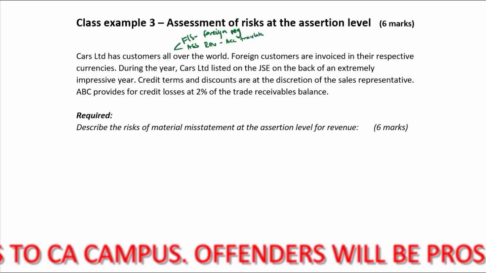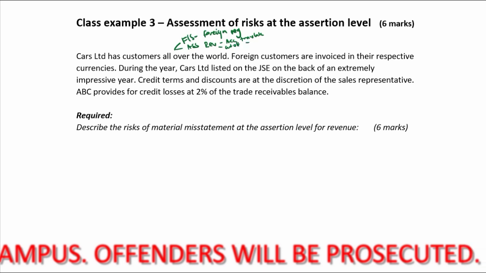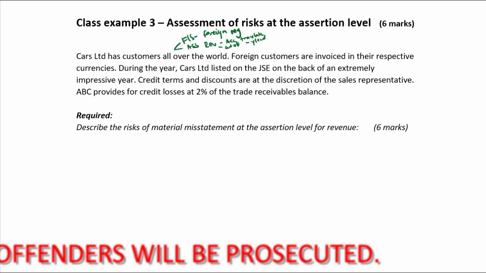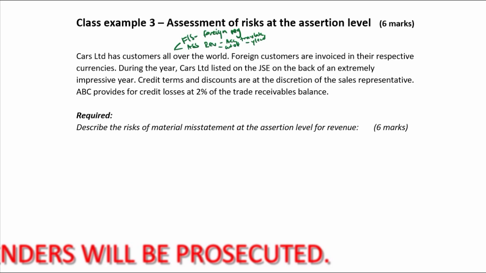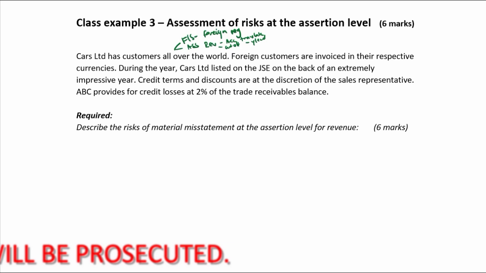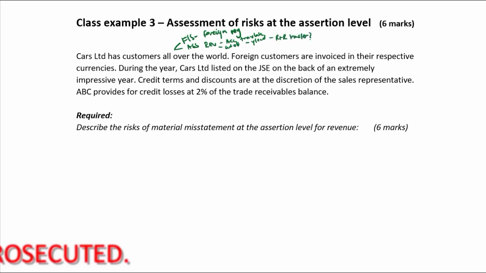There's also going to be an additional risk for revenue in terms of cutoff, because at year end, when goods are being shipped, there is going to be a concern over when risks and rewards transfer. Foreign customers are invoiced in their respective currency, so that's really the point we need to see that there's going to be translation risks.